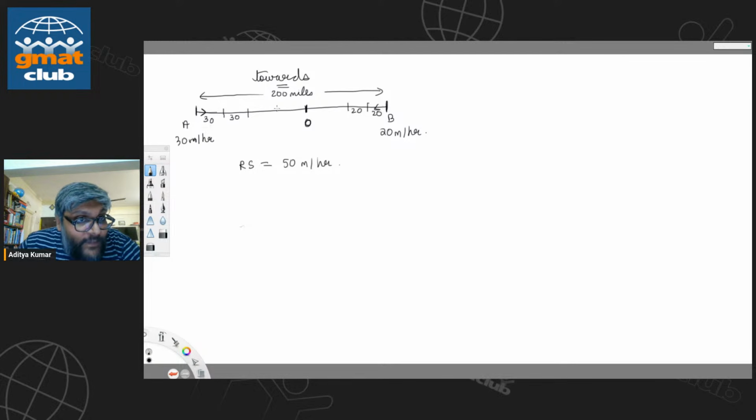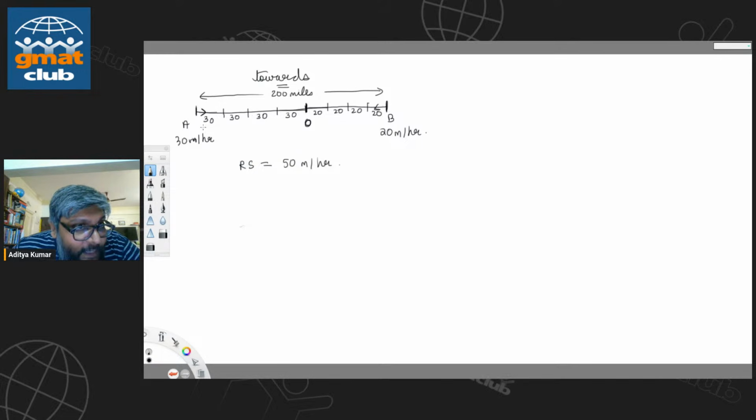Again, in the next 1 hour, another 50 is covered, so a total distance of 150 is covered. And finally, in the last 1 hour, A would travel the last 30 and B the last 20. So that's 200 miles covered. And if 200 miles is covered by both, that means they've met each other at this meeting point O.